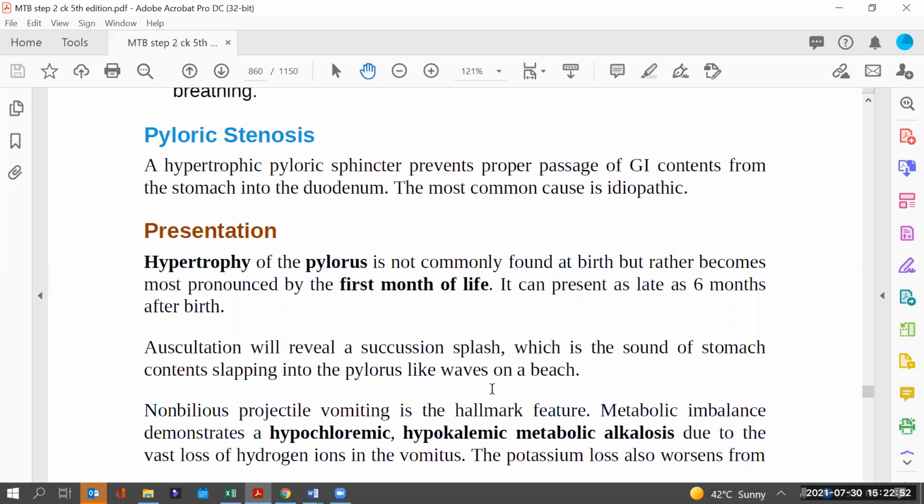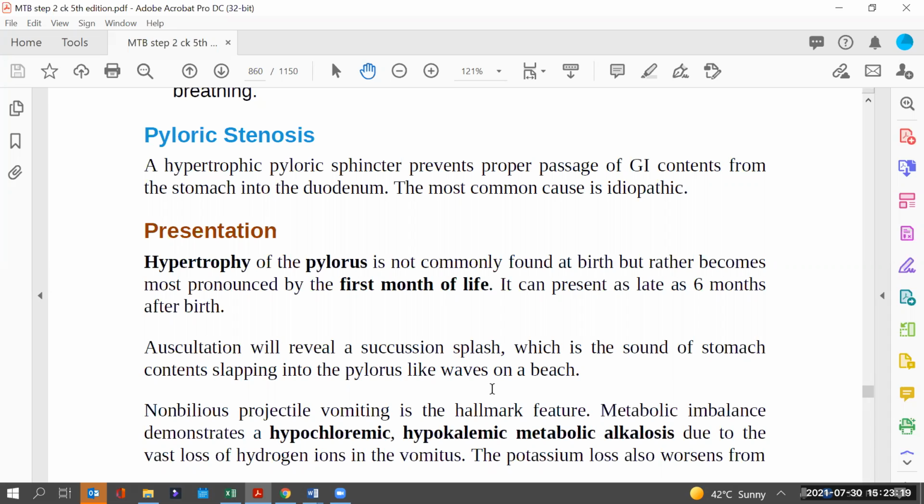Think about it, the stomach has a gate. That gate is called the pyloric sphincter, and that gate opens into the duodenum, and the gate is very small. So whenever a large amount of water strikes that small gate in order to pass through, there will be a suction and splash. There will be so much sound. The water is striking the walls of the pylorus just to get out of that area and into the duodenum.